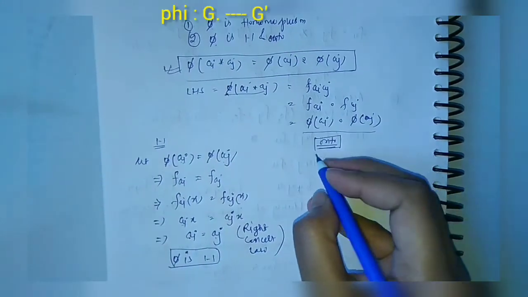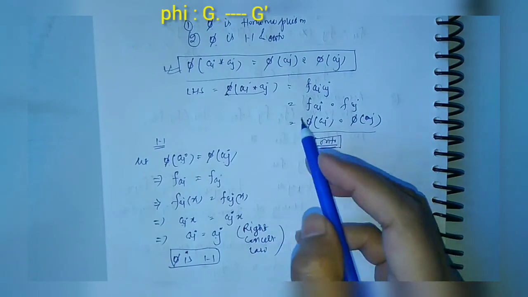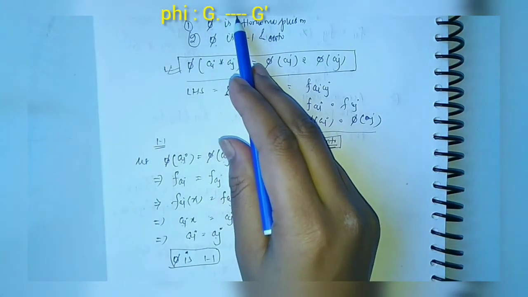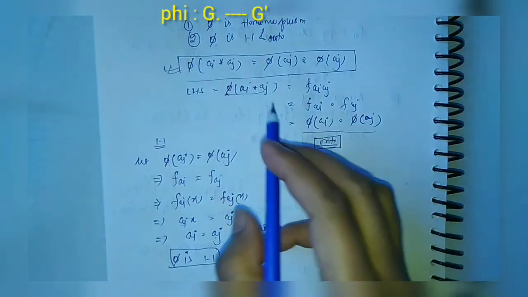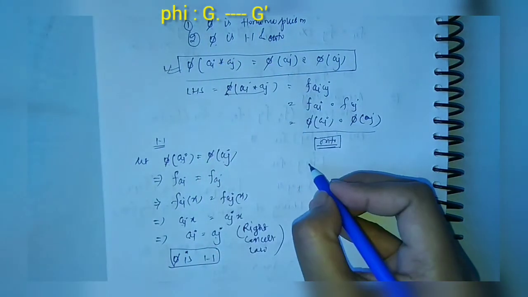And for onto, again we have to consider an arbitrary element from the codomain. So we take an element from G dash.